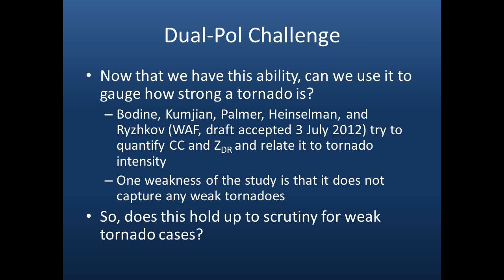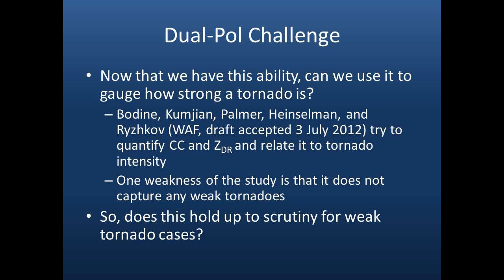All right, so really the challenge. Now that we have this ability, can we really use this to gauge how strong the tornado is? There's a draft paper right now out to be published in Weather and Forecasting at some point, where they would start to use some of the CC and the ZDR numbers to come up with both the area as well as the volume of those minima to try to gauge, with some skill, the strength of the tornado involved.